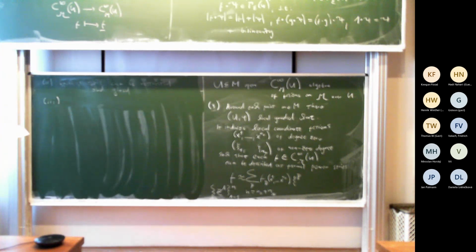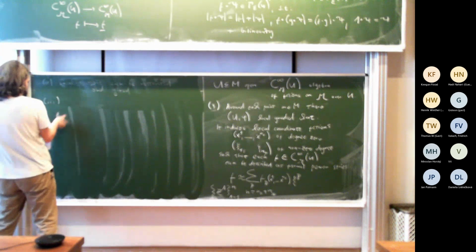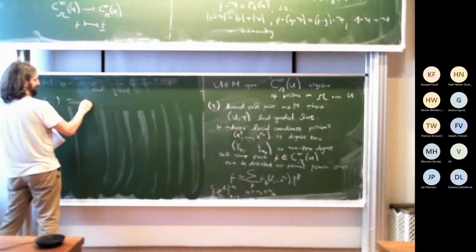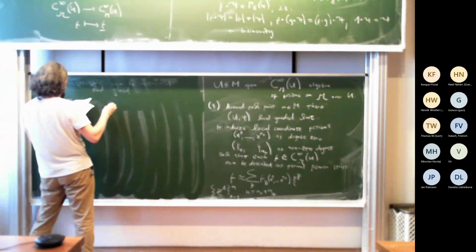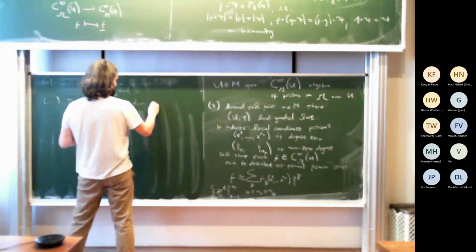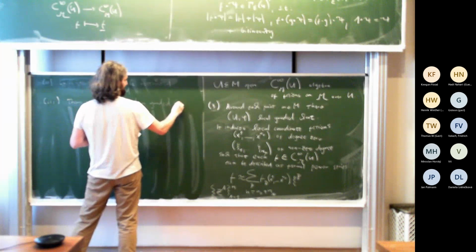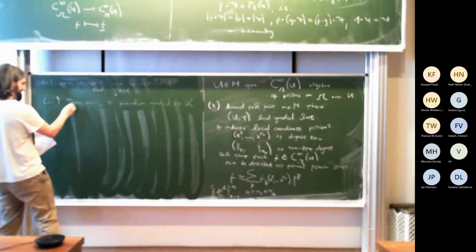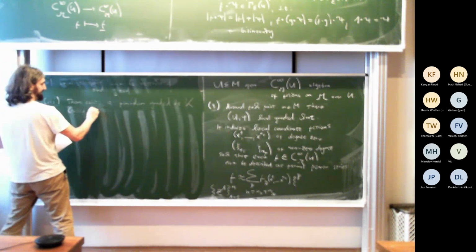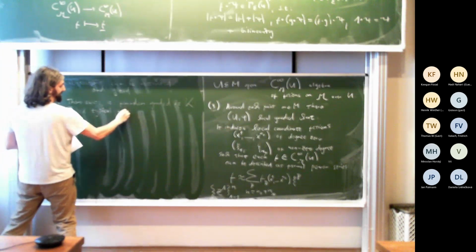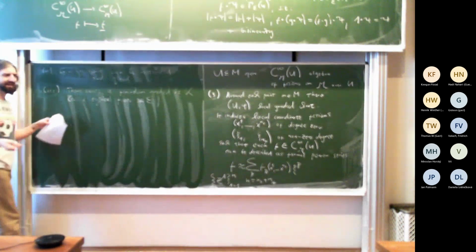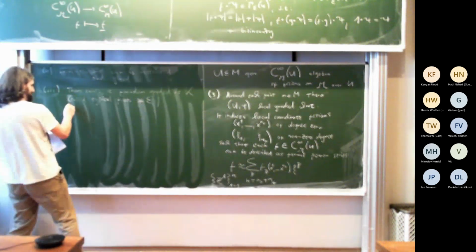And what is hidden in the words locally, freely, and finitely generated means that, well, first of all, there has to exist some fixed graded vector space. There exists a finite dimensional graded vector space K, which is called the typical fiber of my graded vector bundle, called typical fiber of E. And I fix some global basis, the total basis.